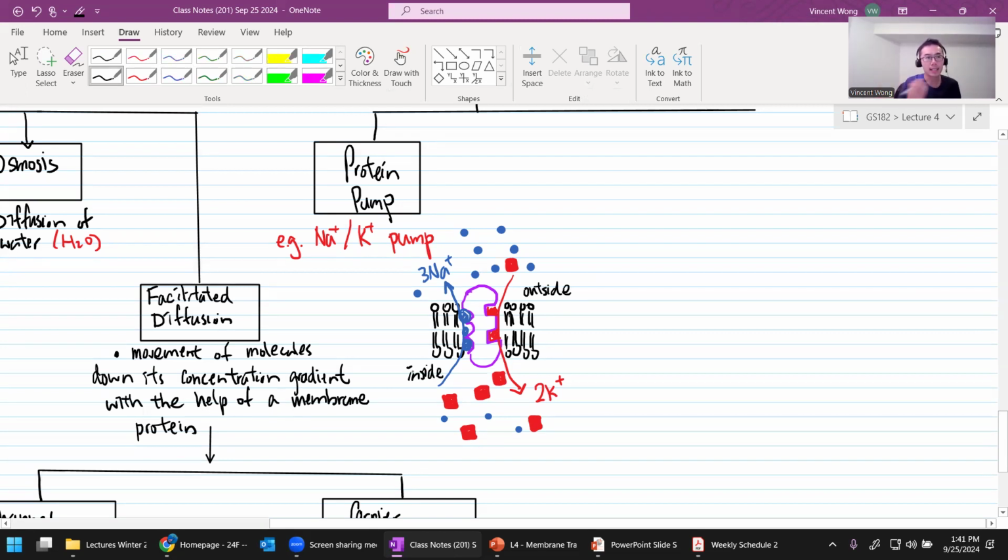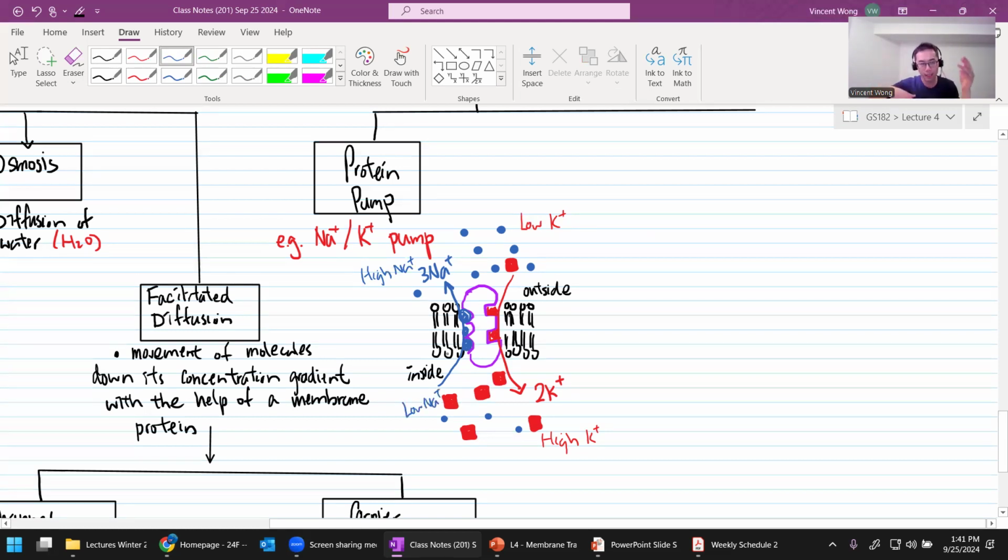So why does this require energy? Well, if you think about it, if you keep on bringing potassium in, then you will have high potassium on the inside and low potassium on the outside. Similarly, if you keep on pumping sodium out, you will have high sodium on the outside and low sodium on the inside.